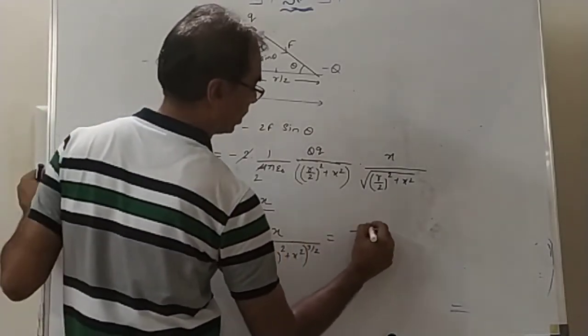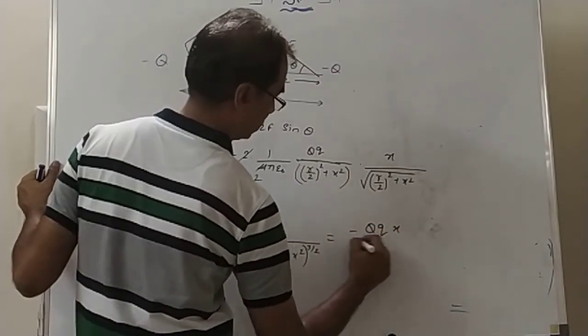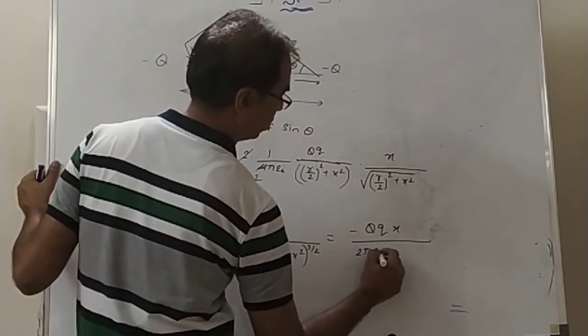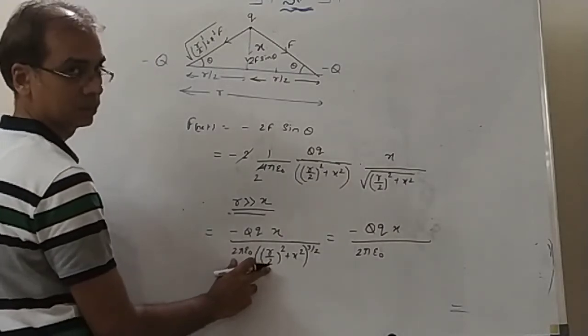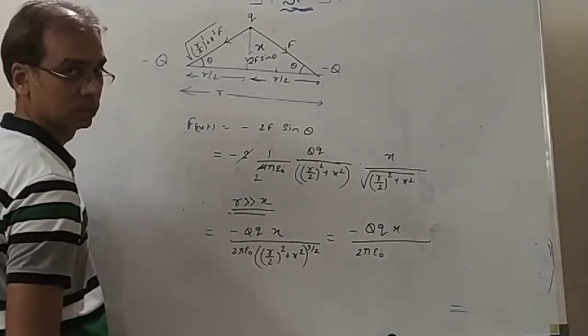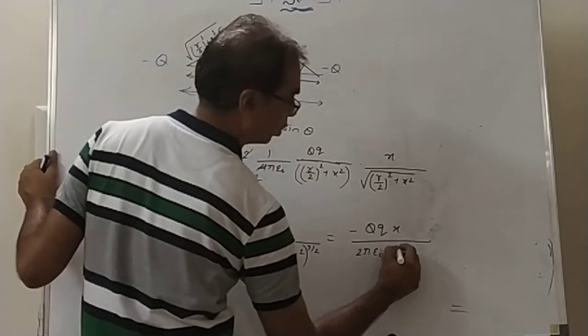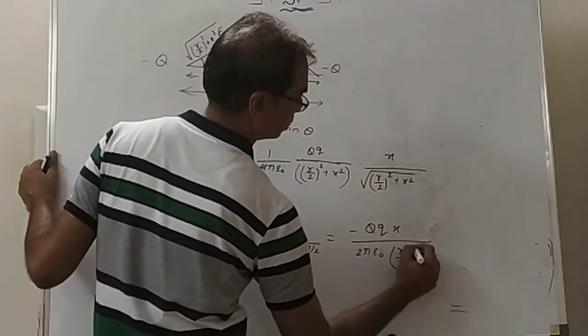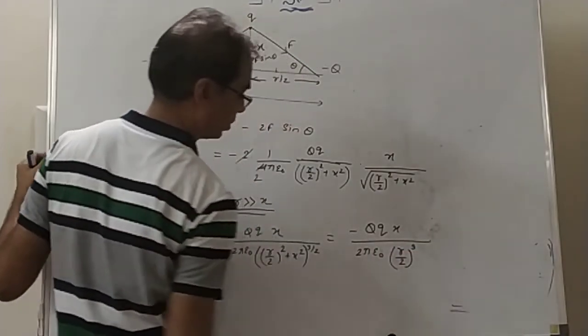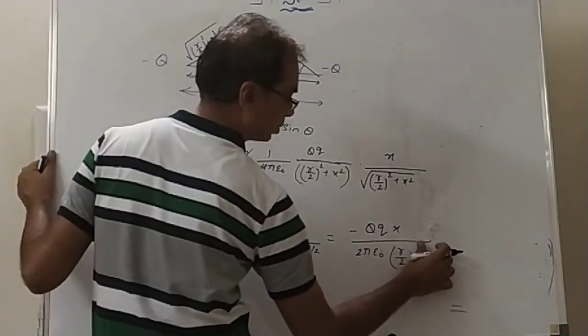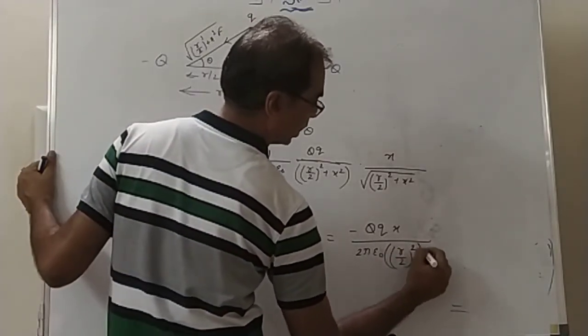So we can write this as minus qx by 2 pi epsilon naught, r by 2 square to the power 3 by 2. That means r by 2 whole cube, or 2 to the power 3 by 2.